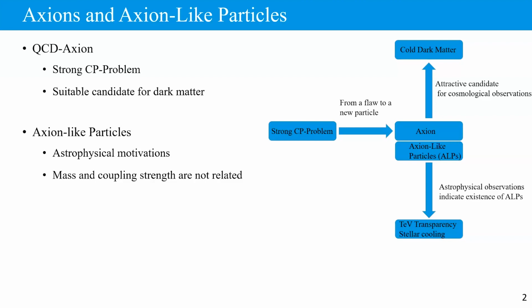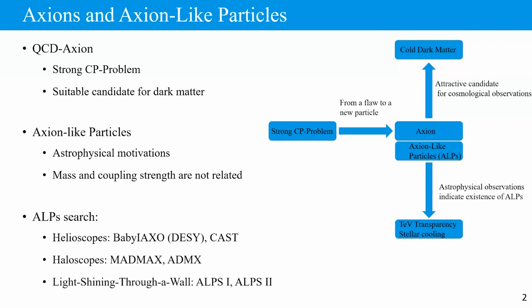Those particles we call axion-like particles. As I said, one characteristic of those particles is the weak interaction with ordinary matter. So the question is, how can we probe the existence of such particles?